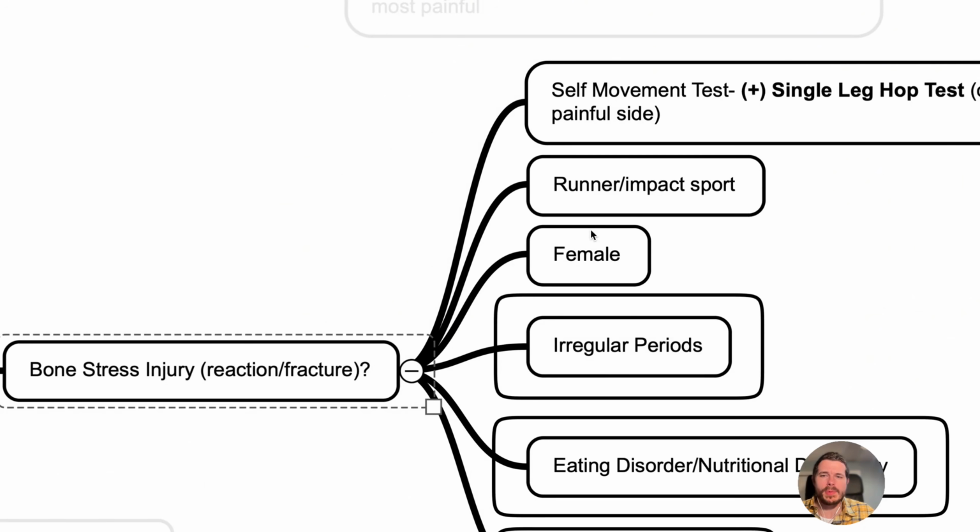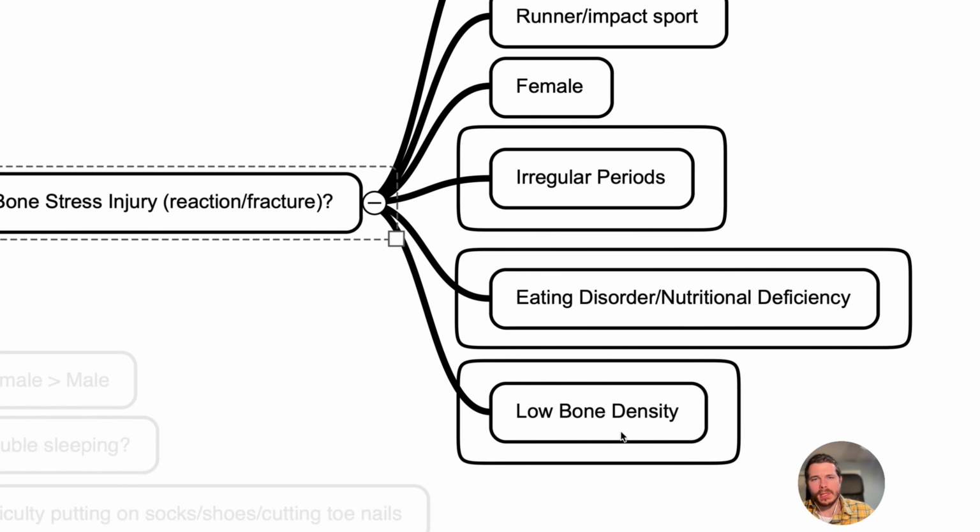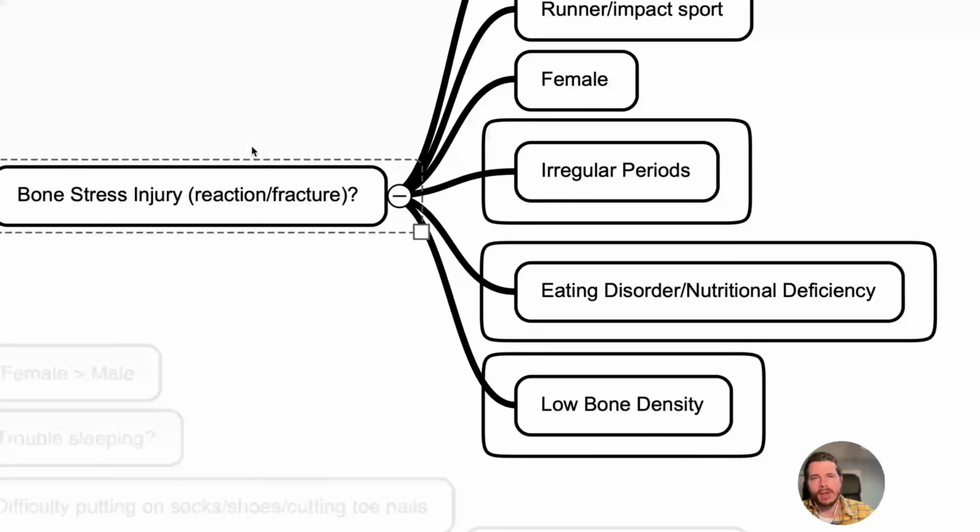Now, oftentimes you'll see people who get these bone stress injuries are athletes. So they're runners, putting on a lot of miles, or they're an athlete in general. And notice here, these things lump together. We call this the female athlete triad. These things are more common in female athletes. And you'll see a cluster of things which increase the risk for bone stress fractures, reactions, injuries.